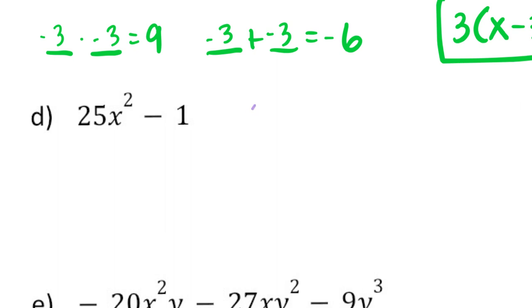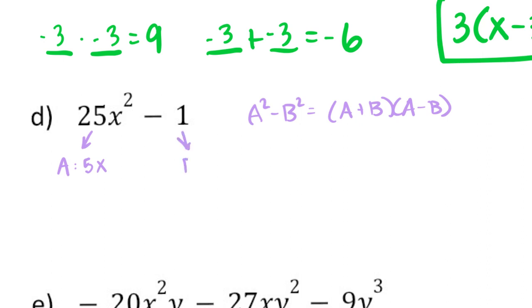So I'm going to use my rule. A squared minus b squared equals a plus b times a minus b. Great. So my a, or my first term, I square 5 to get to 25, and I square x to get x squared, and then my b is just going to be 1.